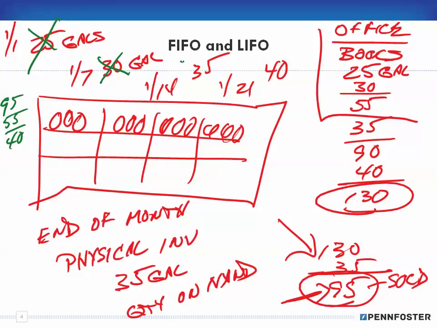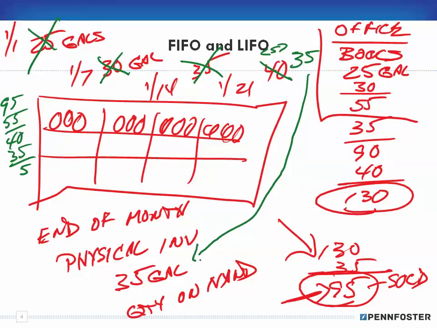Well, I could get rid of the 35 here, and that means I only have 5 left over that I have to take out. So out of this group of 40, I take out 5, and now I know that all I have in the cooler is my 35, which is my quantity on hand.